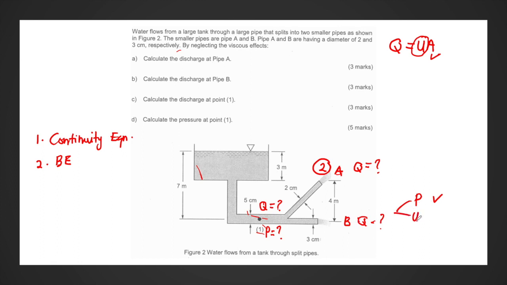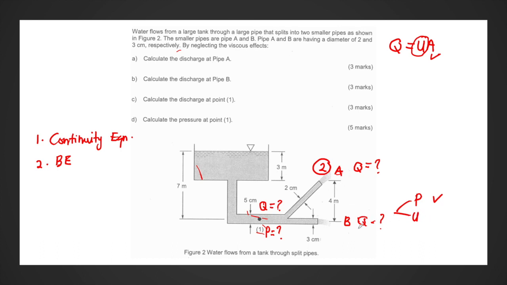What about velocity? Do we have a velocity value at point B? We can solve it using the continuity equation. Again, to solve the continuity equation, we must have the velocity at point 1, velocity at A, or velocity at B. Then we can solve the velocity at point B. In this question, we do not have any of these three point velocities.